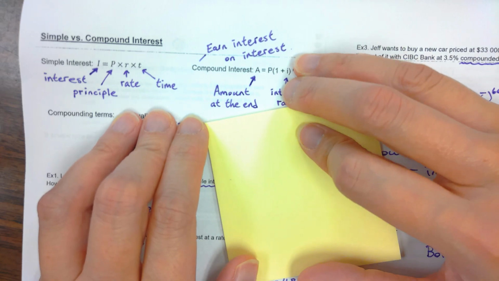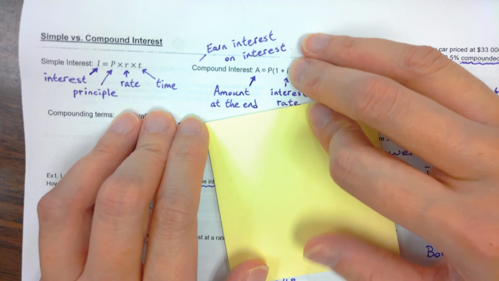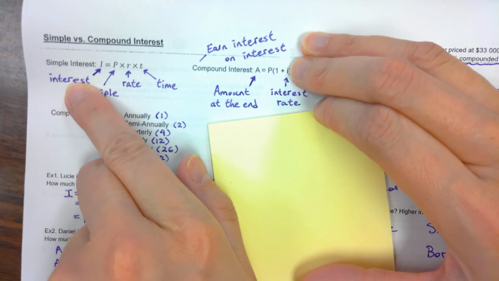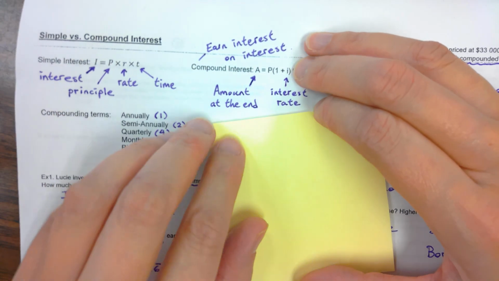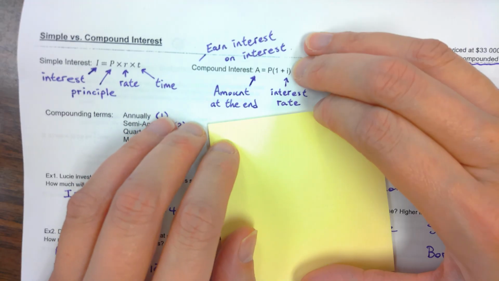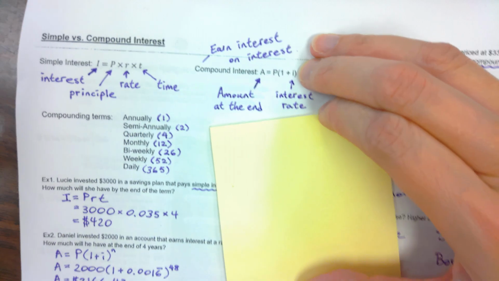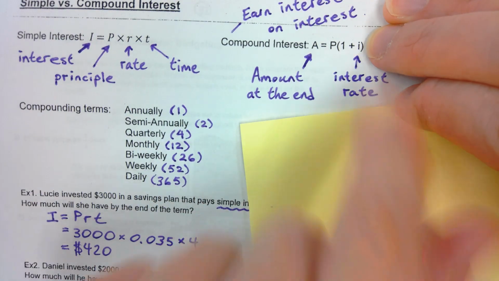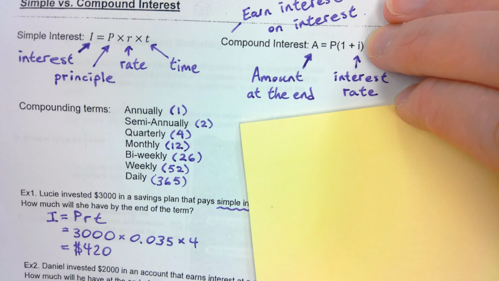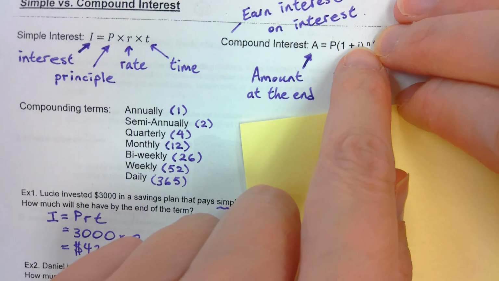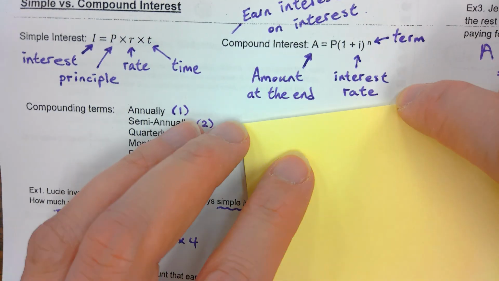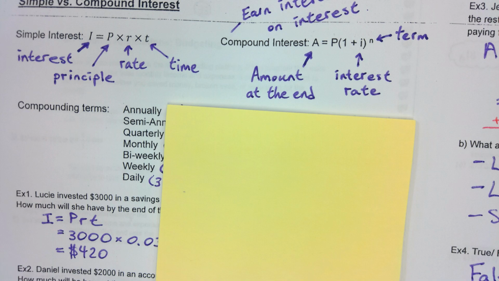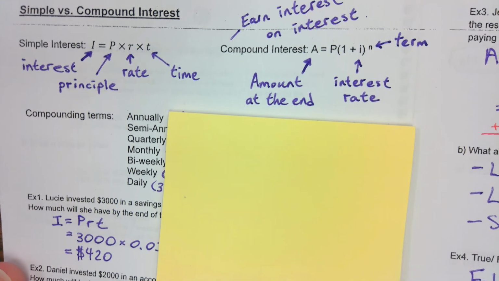So the I also stands for interest, but this one is the interest amount, so interest earned. And the lowercase i right here stands for interest rate. So there is a difference between this R and this i. In an example, we'll see the two differences. And then here, instead of time, it's n. So the n is the term, or you can think of it as the number of times you're paid throughout the term.